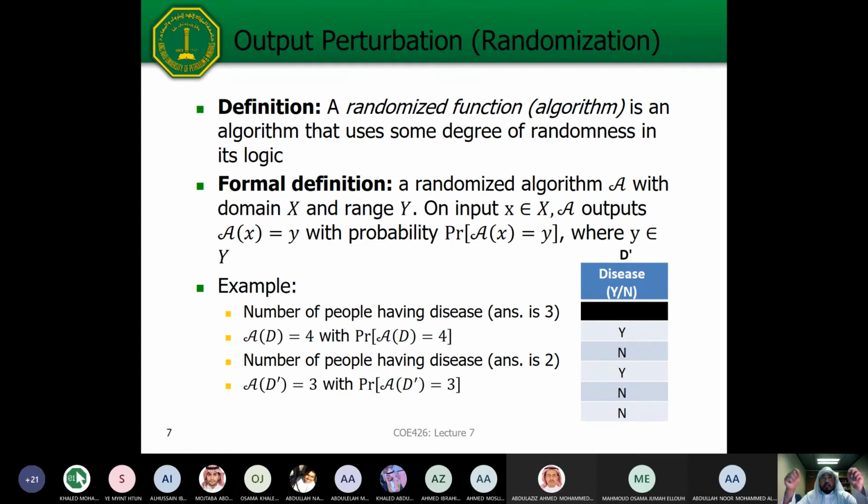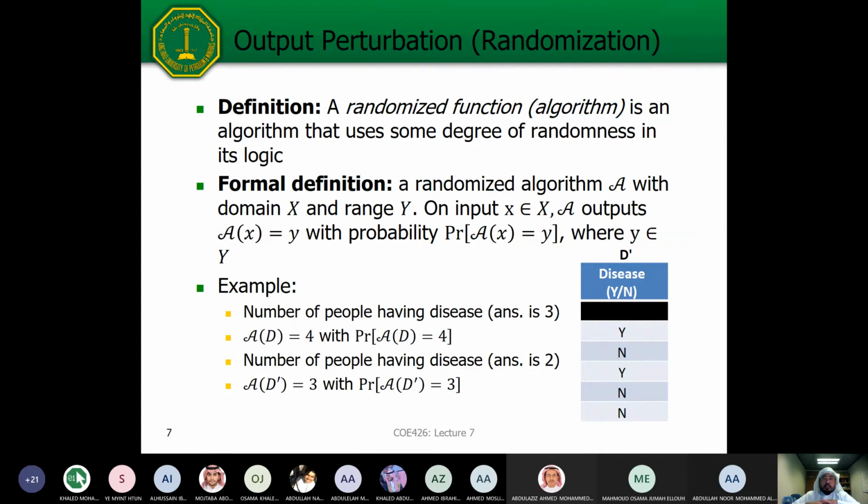Now the idea here is, if our randomized algorithm always produces 4, regardless of what the database is or how many records are in it, then we have indistinguishability.